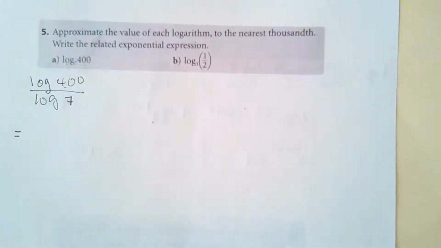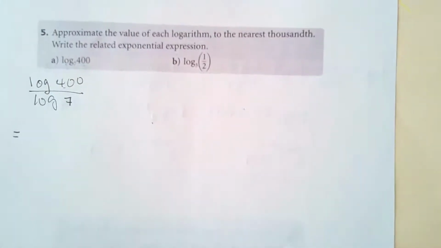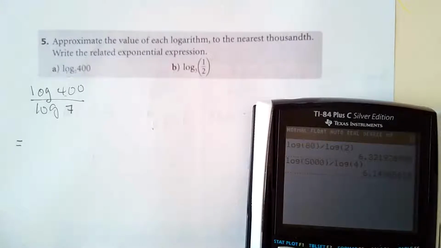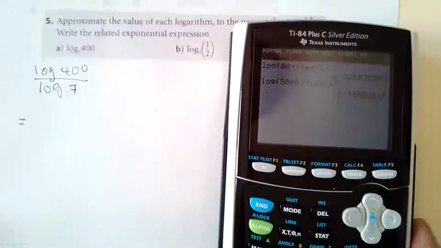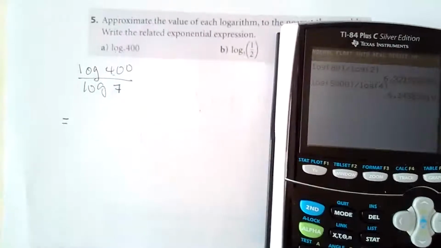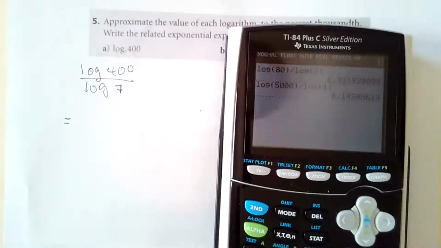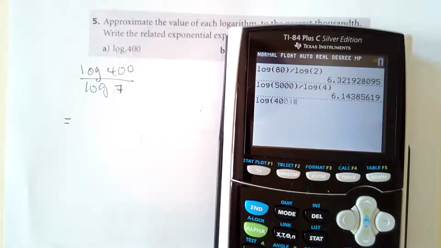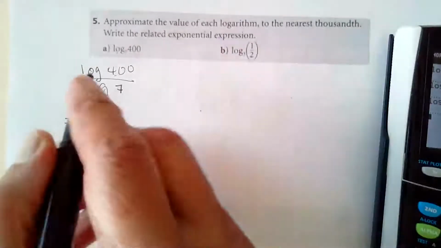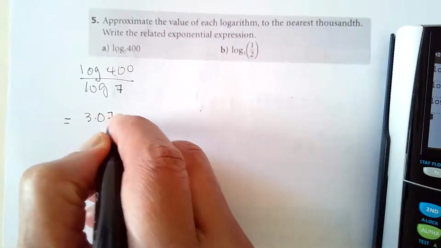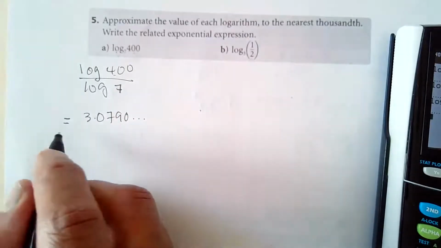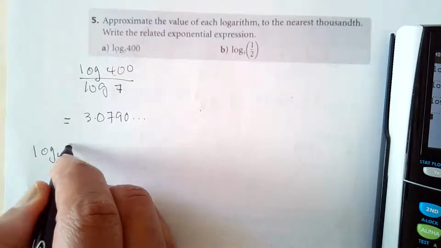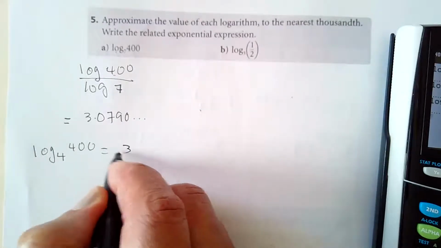And this worked out to be 3.079. So 3.0790. So log base 7 of 400 is approximately that.